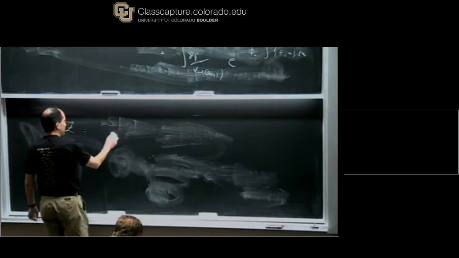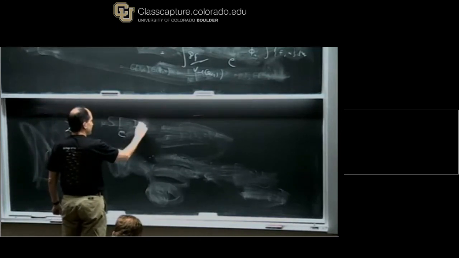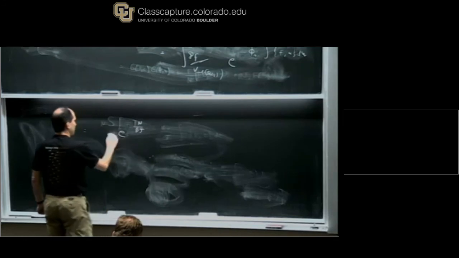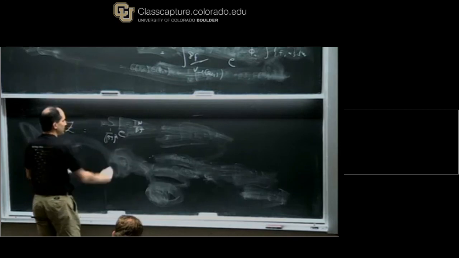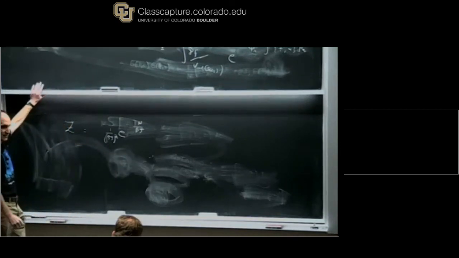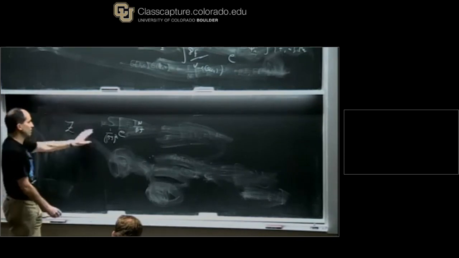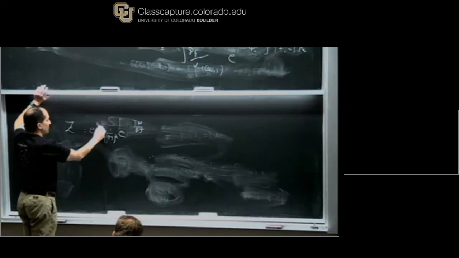I mentioned this before. This calculation is exact in the Schwarzian action, so it comes from doing the Schwarzian path integral, and there's a coefficient that is undetermined, and we know that it should be related to the ground state entropy.